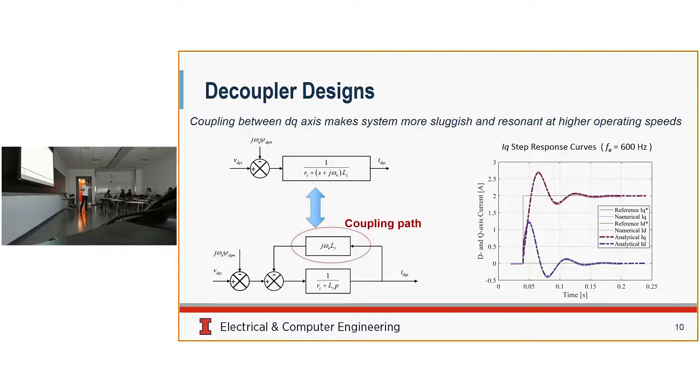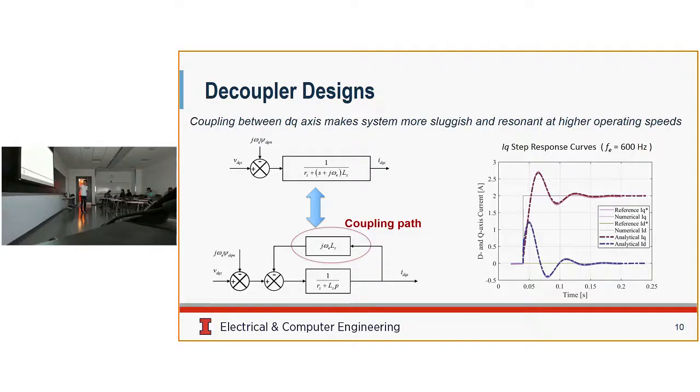So how do you reduce the speed-dependent effects? That's through some design of the decouplers. When we express this system function in this form, we can see that this imaginary coefficient is actually the coupling path between the d and the q axis. So if we add another term that can cancel the effects of this path, we can hopefully achieve performance that is unaffected by the speed.